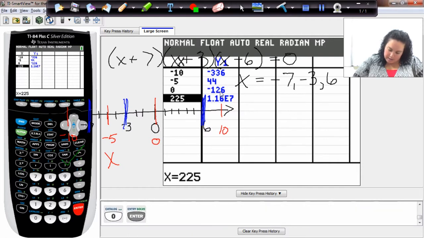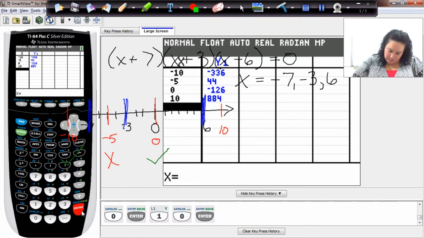You can see it right here, -126, so that does work out. That is less than 0. If we plug in 10, we get 884, so that is not less than 0, so that one doesn't work out.